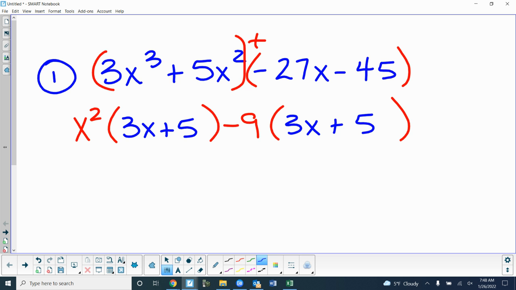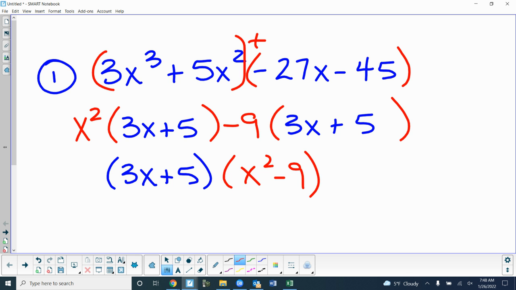Now what's our two factors? Right. So we got the 3x plus 5 and the x squared minus 9. And remember, this was equal to 0, right? Okay. What about that red x squared minus 9, though? It's one of those difference of squares, right?